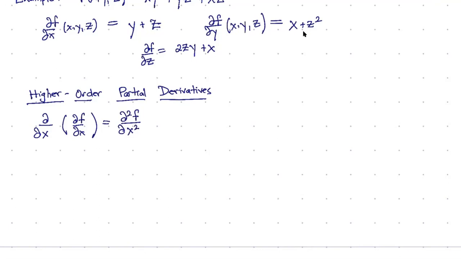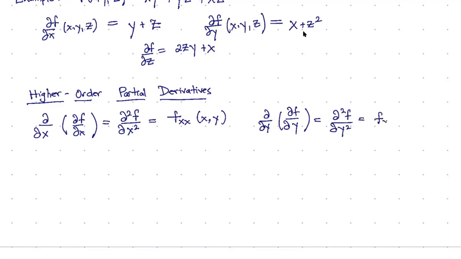That means that we're differentiating f twice with respect to x. Notationally, this could also be written as f double prime with the two x's written in a subscript. Similarly, you could have two derivatives of f with respect to y, which would be the second partial of f with respect to y, or written as fyy of xy.